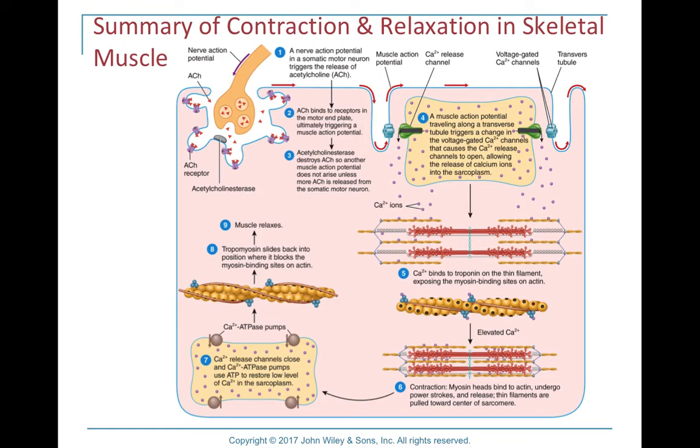We also need the sarcolemma, components of the thick and the thin filaments, and we need the myofibril components with our proteins that will allow for the binding. And all of this can only be powered with ATP.